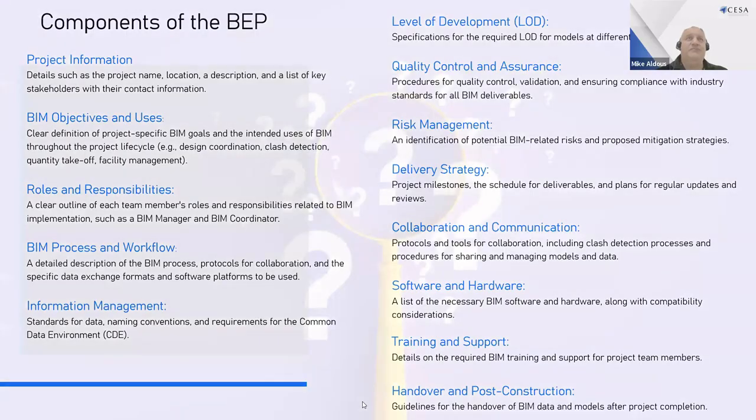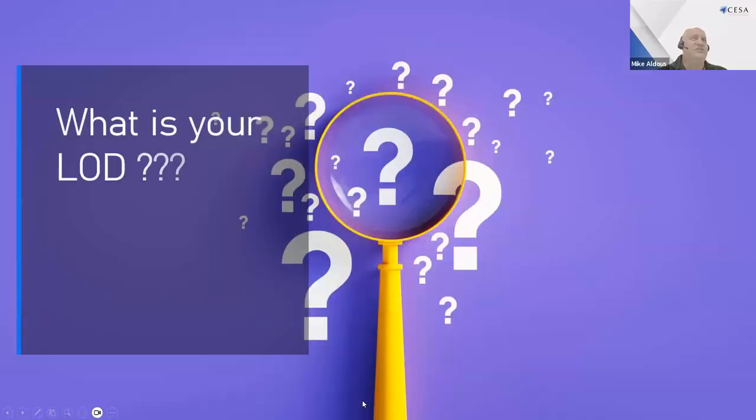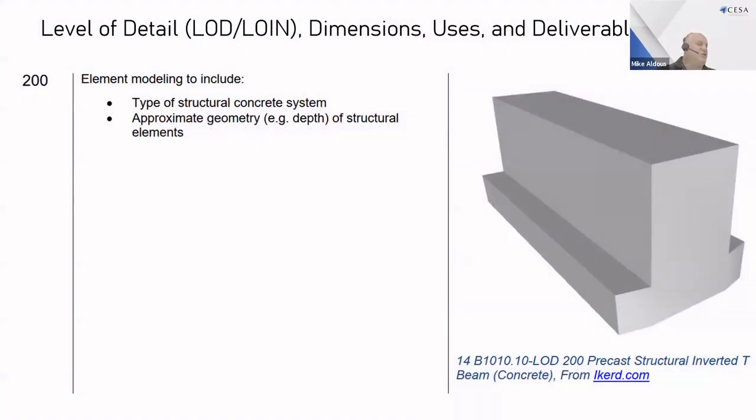So if we move on, we touched on this, LOD or LOIN as it's more commonly referred to now. So what is your level of detail? I think one of the big challenges one sees with early BIM implementation is that there's this wow factor to the point that the software is capable of dealing with so much data to such a fine level of detail.